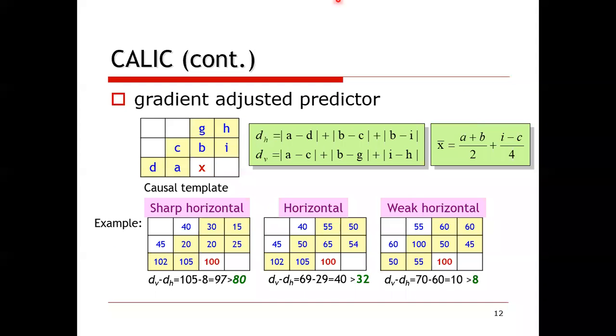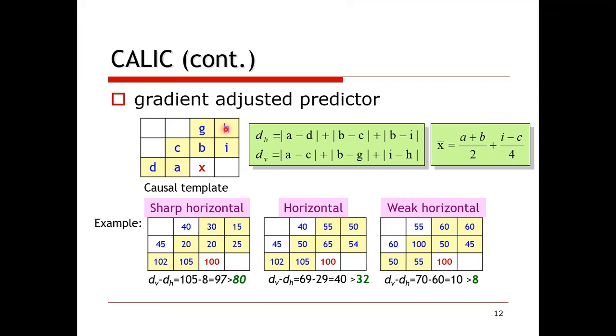This is the pseudocode. a minus d in the horizontal direction, a minus d plus b minus c plus b minus I. This becomes the gradient in the horizontal direction. What is the gradient in the vertical direction? That is known as the horizontal edge. It becomes a minus c plus b minus z plus I minus s.